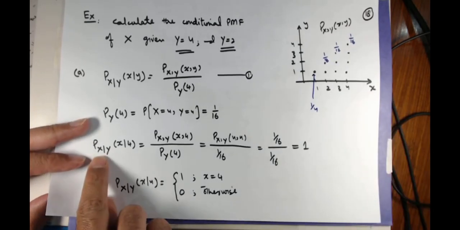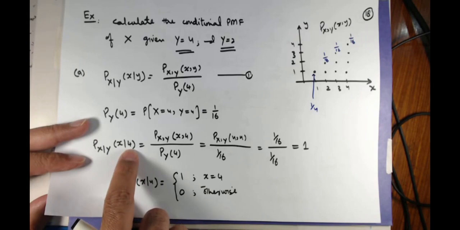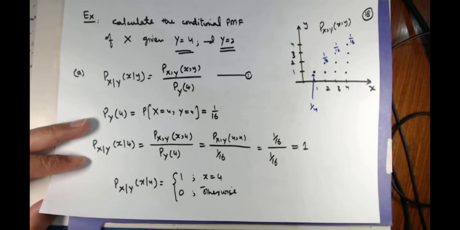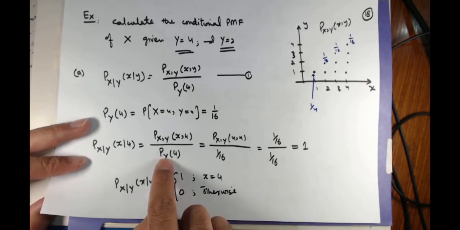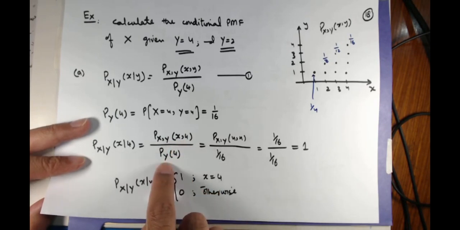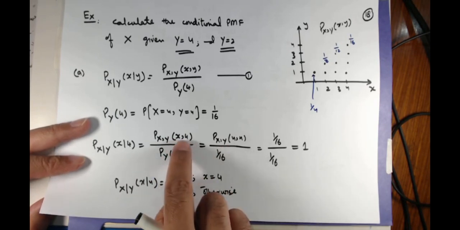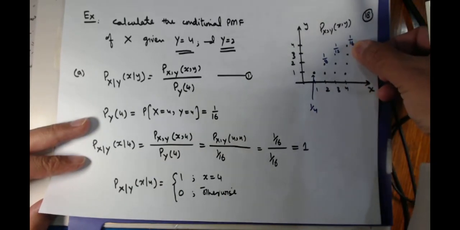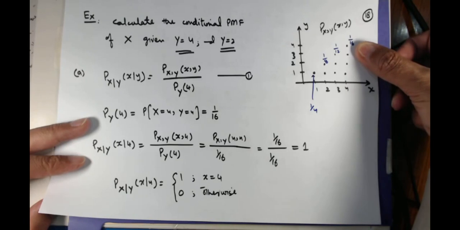Now the formula P sub x given y of x given 4, because y is equal to 4 is fixed. You want to find the probability distribution of x given y is fixed at 4. This is the formula P sub x comma y of x comma 4 divided by this. So you see x comma 4 is just 4 comma 4, no other possibility.